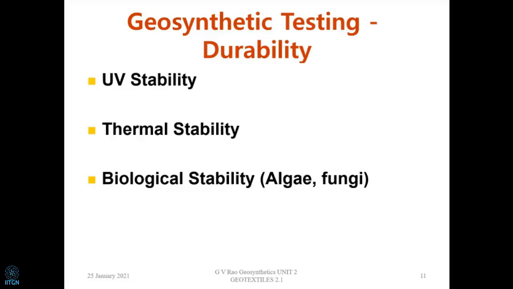What did we say? Initially, we had physical characteristics. Then we said design characteristics. Design was really the strength and the friction and, of course, the permeability. Then we said we'll take care of damage. Then we said we'll take the long-term performance. If you consider all these aspects, once our design procedure is finalized, we will arrive at a way in which we conduct these tests and put limits on these values.